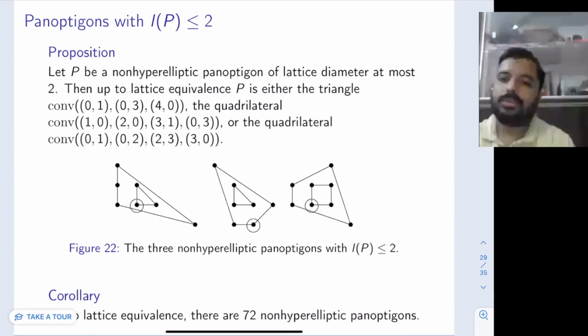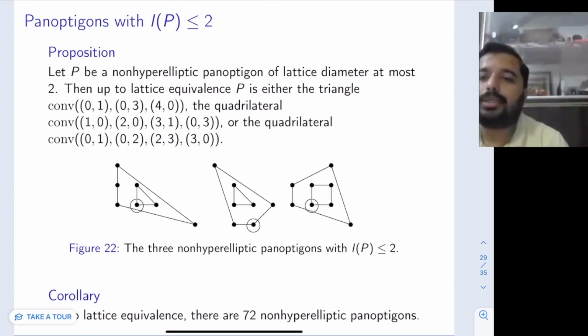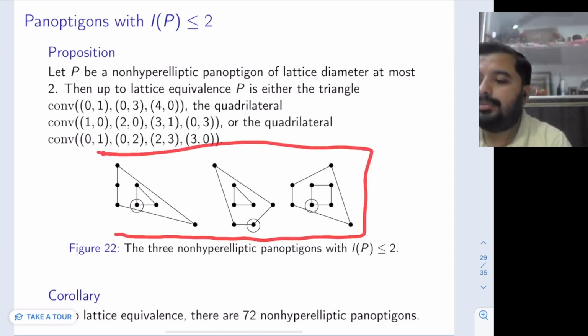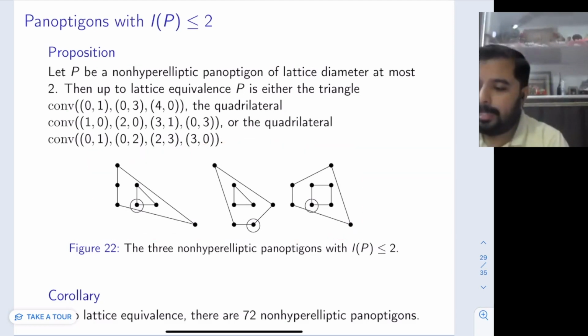Then, as I mentioned, there was an implicit argument of the lattice diameter. The lattice diameter controls the total number of points that can be present in your polygon; it's a square argument, bounded above by the lattice diameter. Hence, we implicitly use that consideration to also characterize the case when the lattice diameter is at most 2, and in that case, it's easy to argue that these 3 are the ones that are left.